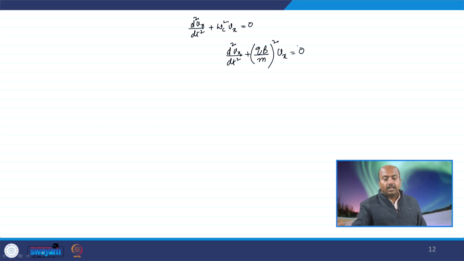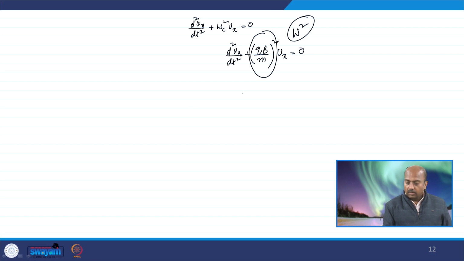This equation is again similar to the plasma oscillations that we have derived. So this term must be omega squared. So now, taking this out, omega c is qB by m.